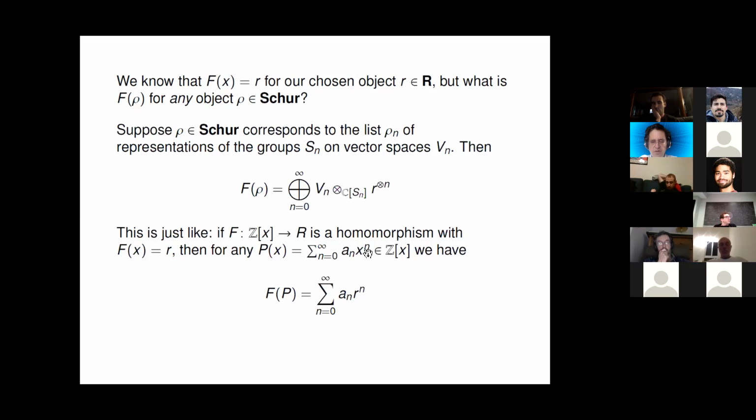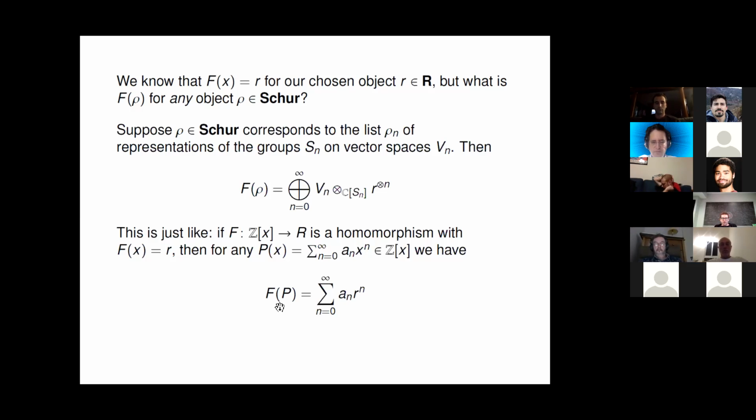You can write any polynomial out in gory detail, and then f of p is p of r. Well, what is p of r? It's this. We're applying this polynomial to our ring element r.